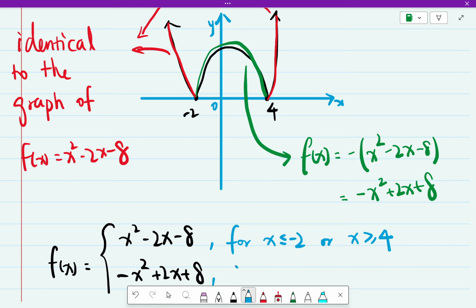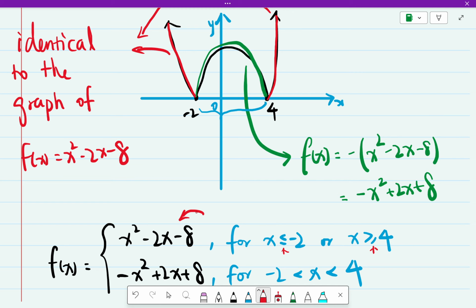Similarly, for x greater than negative 2 and less than 4, which is this part, the graph will be the reflected part, the upside-down quadratic. And just be careful that we want to put the equal sign on the domain of the original graph, the graph inside the absolute value bars.